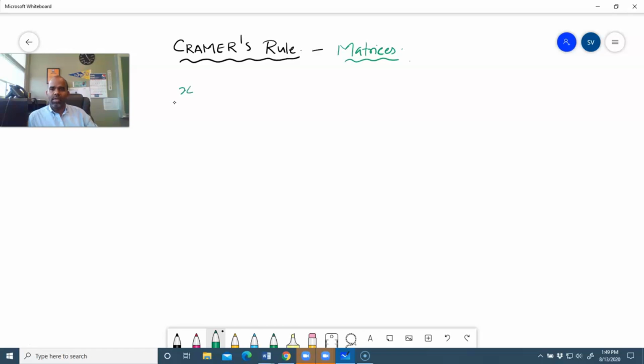Say for example, x plus 2y minus 3z equal to 5, and 3x plus 2y minus 5z equal to 7, and 7x minus y plus z equal to 8. If we have a system of equations, how can we solve this? That is the question.